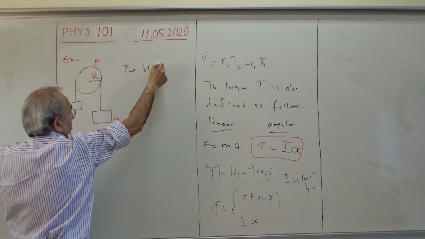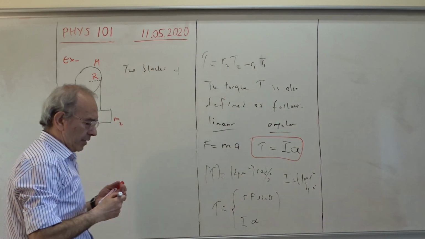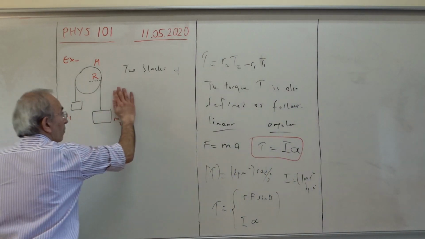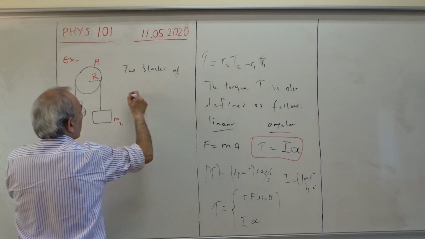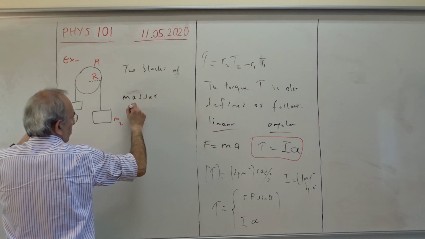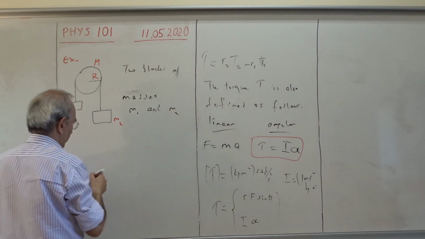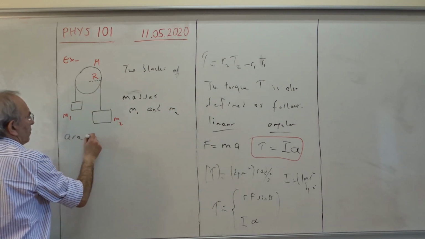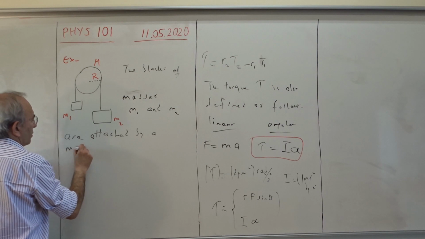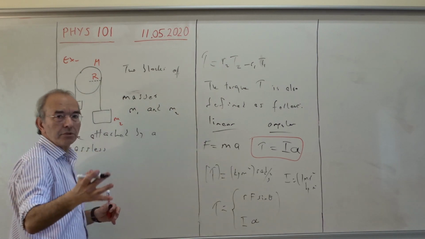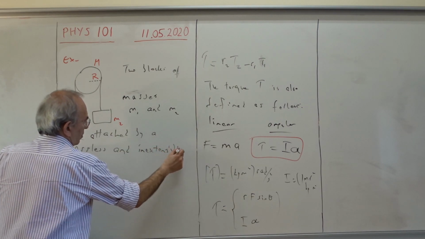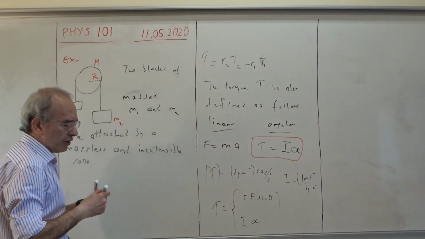Two blocks of masses M1 and M2 are attached by a massless and inextensible rope passing over a massless pulley.